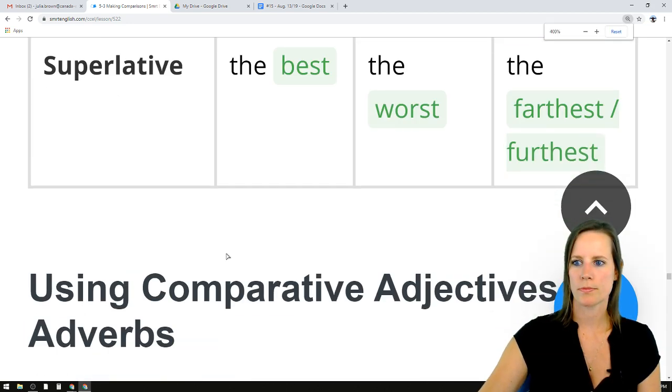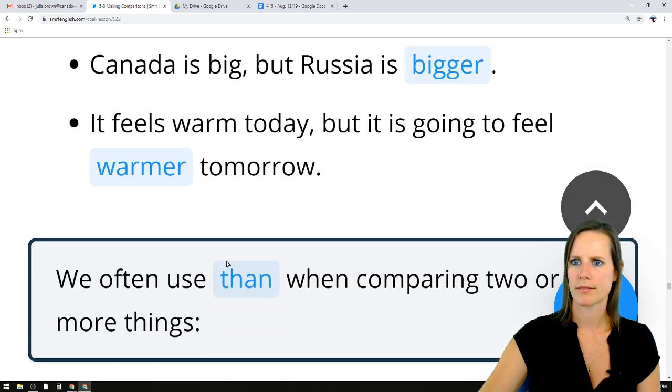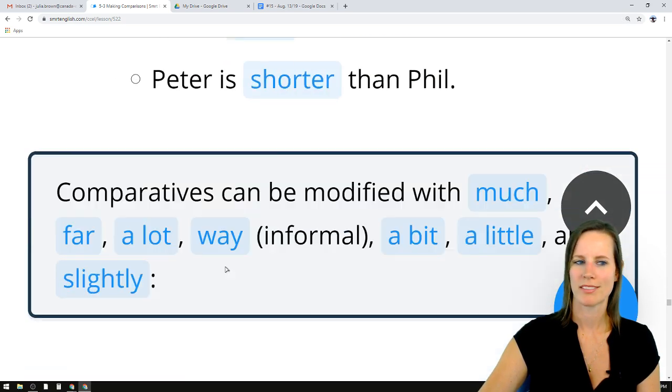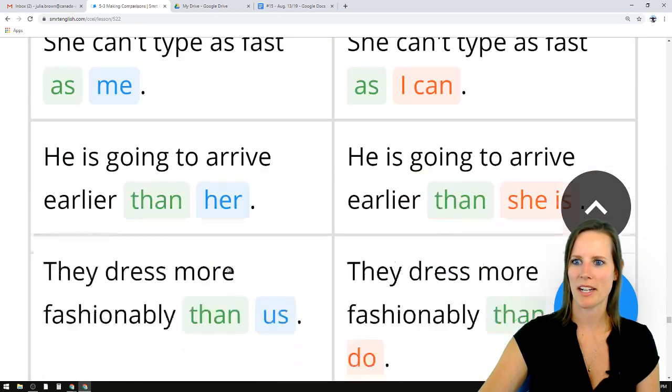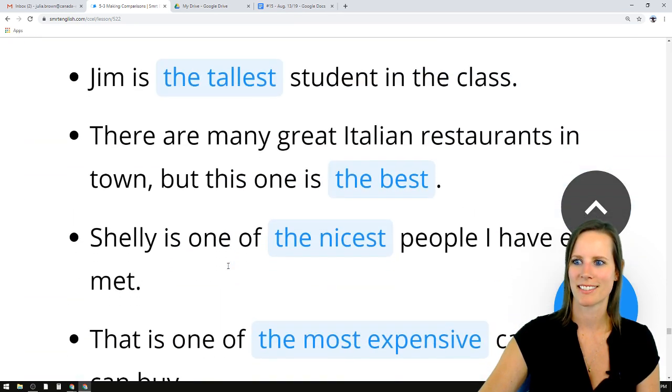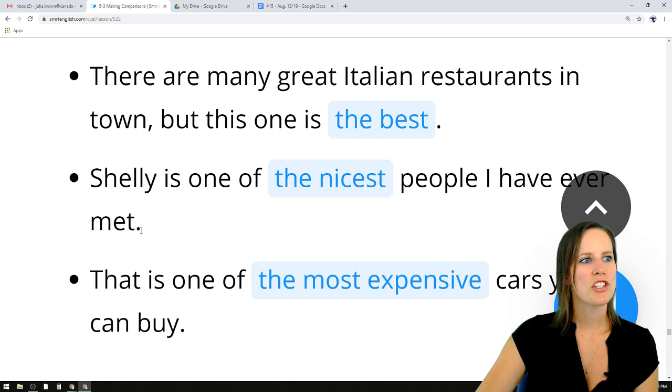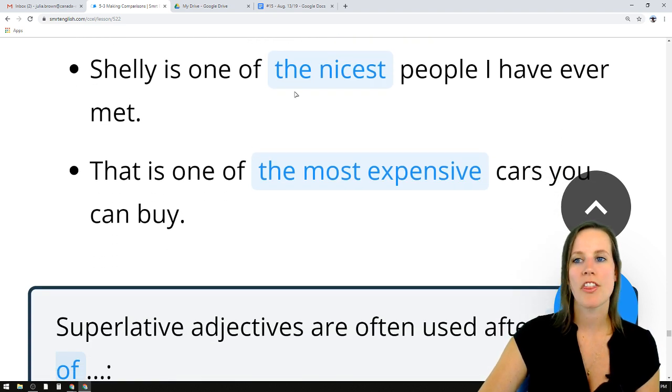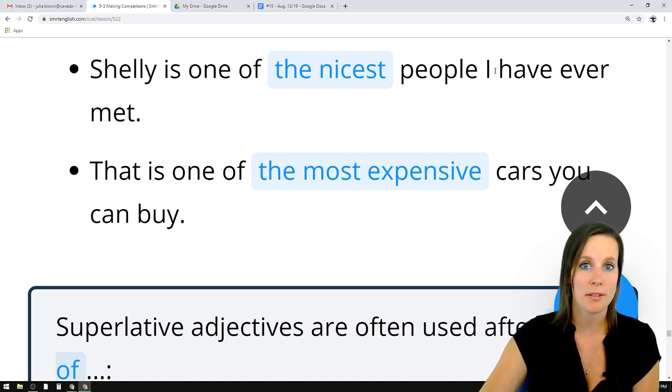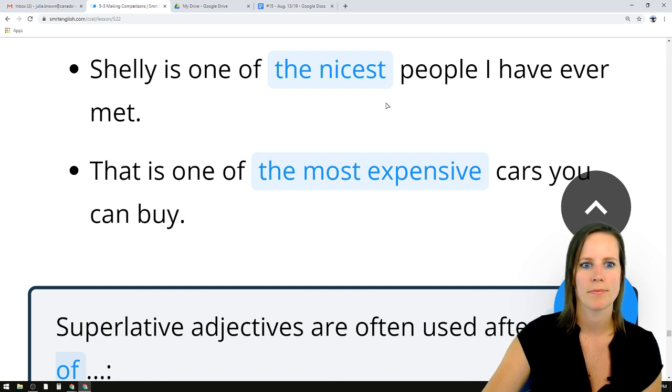Okay. Here, another personal opinion statement. Shelley, my bad. It went up. I'm sorry. Here. Shelley is one of the nicest people I have ever met. Okay, so here, Nayarana, we are using the present perfect in this sentence.